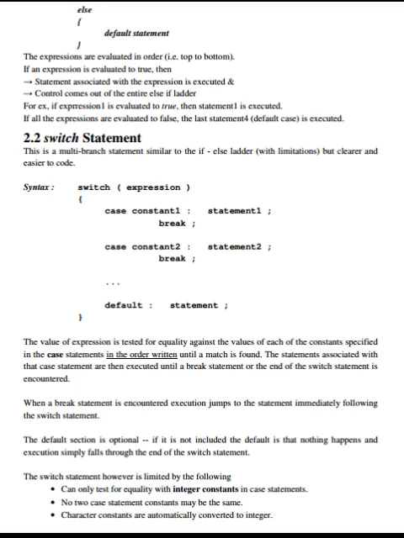The statements associated with the case statement are then executed until a break statement or the end of the switch statement is encountered. When a break statement is encountered, execution jumps to the statement immediately following the switch statement.